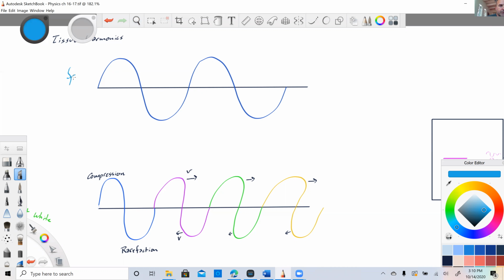There's a certain frequency with a certain wavelength, and it creates a nice sine wave, which, realistically, is not what sound actually looks like, but that's how we illustrate it, and this is how we draw it. Now, let's think about what these different parts are, and about some of the things we learned already about speed of sound. Up here is a compression.